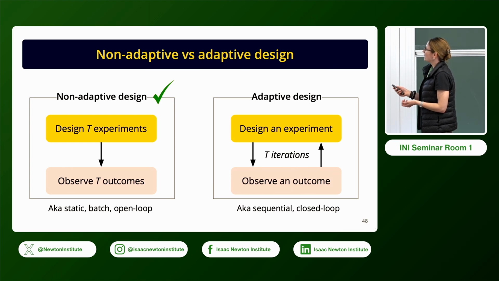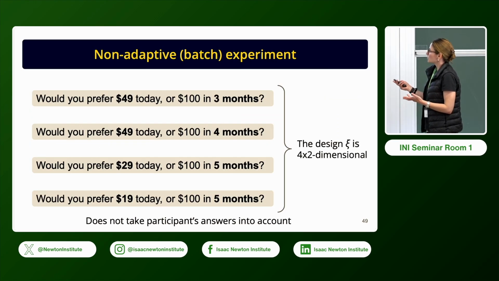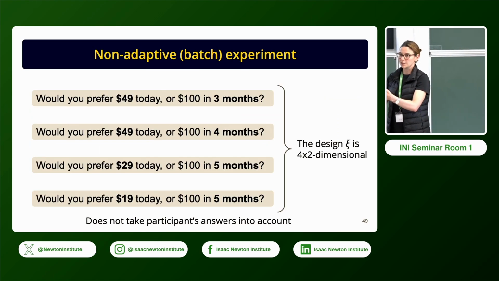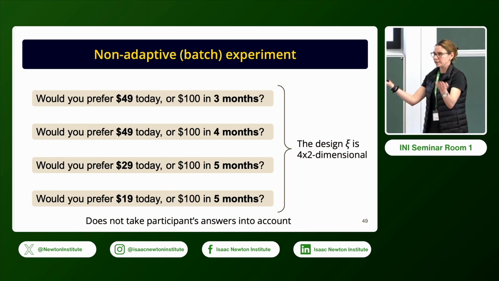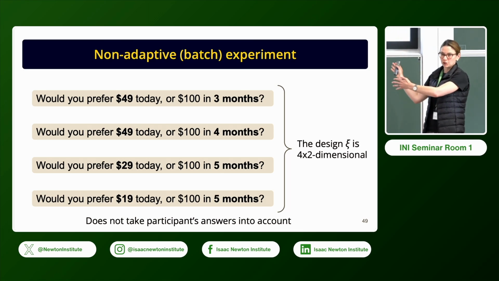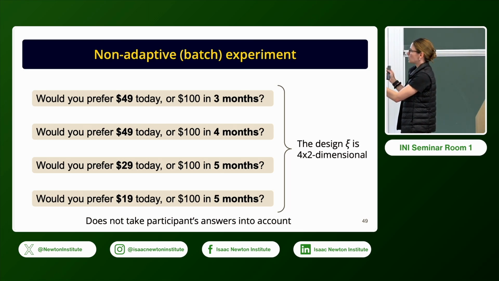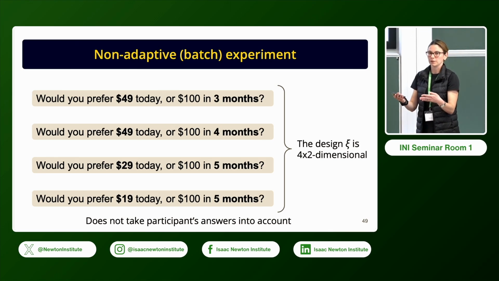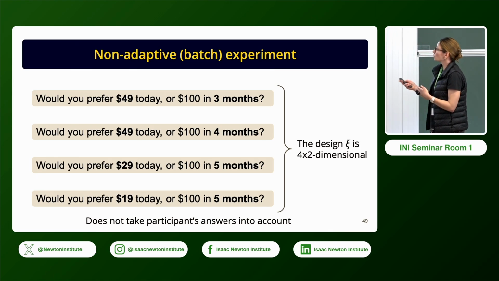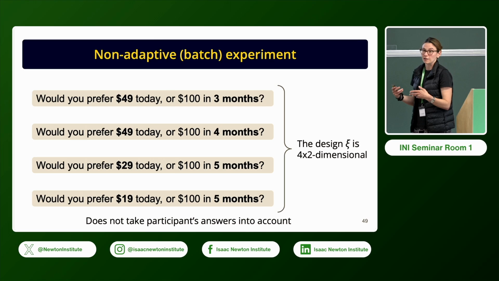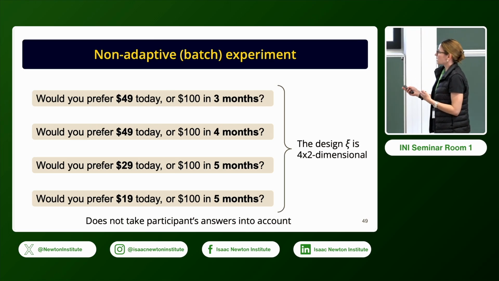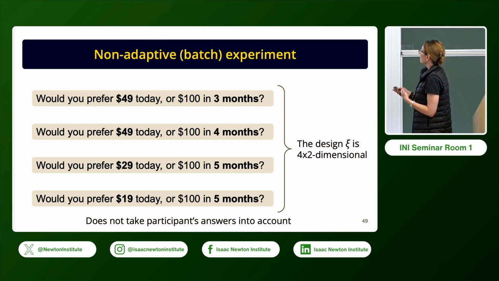Now, the reason why I have a tick here is that what we just described pretty much automatically extends to the batch design setting, right? So we can run variational Bayesian experimental design to learn a batch of designs rather than a single one. And this is our simplified example.